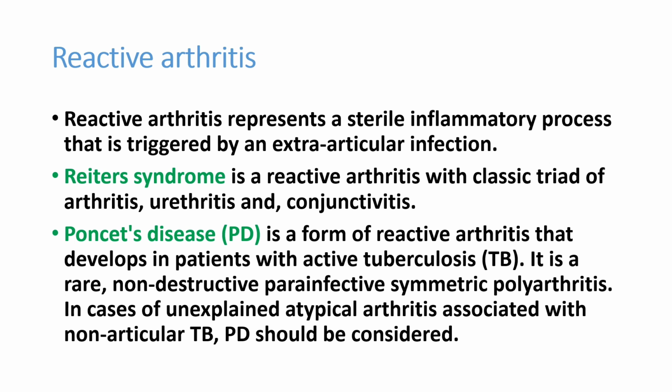Another important type of reactive arthritis is Poncet disease. It is due to tuberculosis. The patient can have TB somewhere else like the lungs or lymph nodes, but will have lower limb arthritis, especially asymmetrical lower limb arthritis with spine involvement. That is Poncet disease.